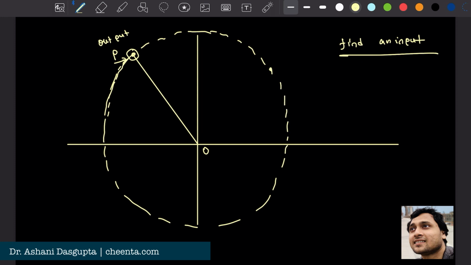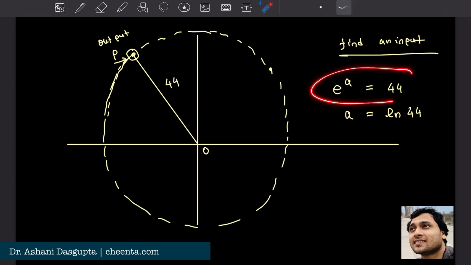Suppose this radius is 44. I'm just making up a number. Then you want e to the power a to be 44, or a should be ln 44, log base e of 44. I'm just taking ln on both sides.